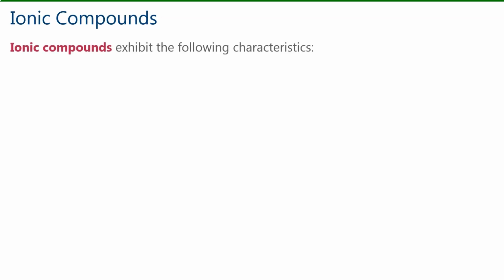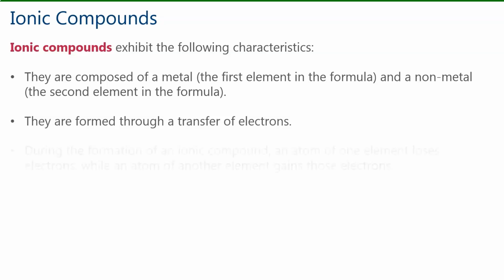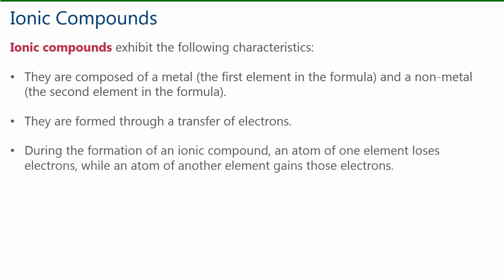Let's look at some properties of ionic compounds. Ionic compounds exhibit the following characteristics. They are composed of a metal, the first element in the formula, and a nonmetal, the second element in the formula. They are formed through a transfer of electrons, and during the formation of an ionic compound, an atom of one element loses electrons while an atom of another element gains those electrons.